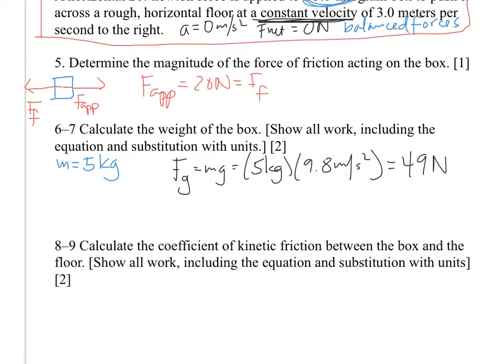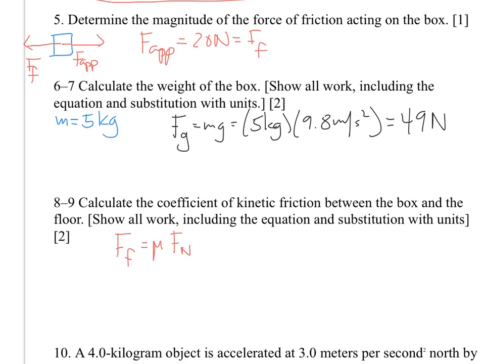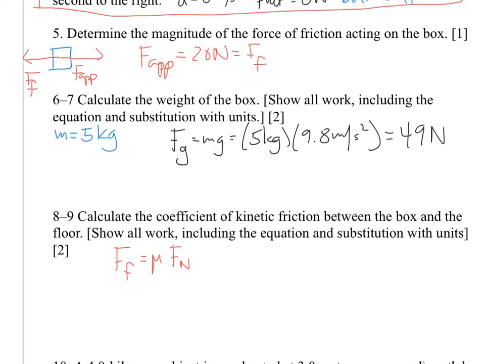Okay. Numbers 8 through 9. Calculate the coefficient of kinetic friction between the box and the floor. So this requires this equation. F of f is equal to mu times F of N, which is the normal force. So let's scroll back up a bit.